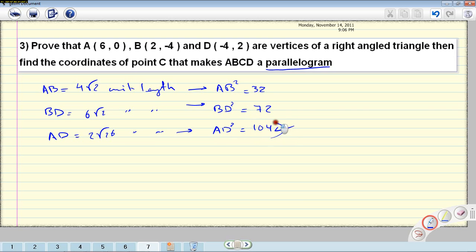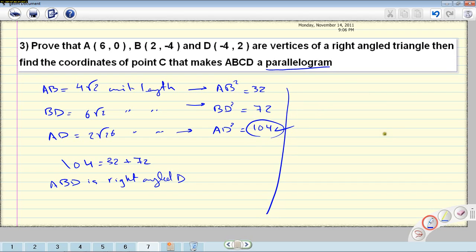If the longest side equals the sum of these two sides, this is a right angle triangle. If it's more than the sum of these two sides, it's an obtuse angle triangle. If it's smaller, it's acute angle triangle. But we have that 104 equals 32 plus 72. So ABD is a right angled triangle.